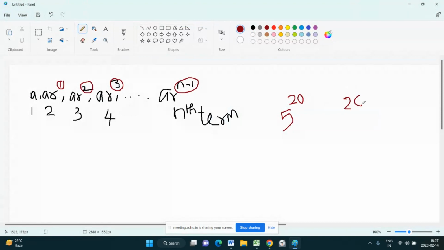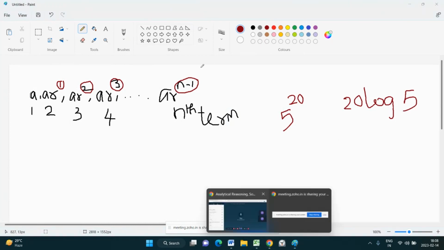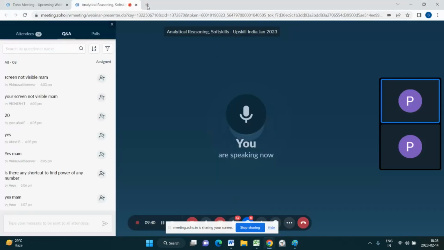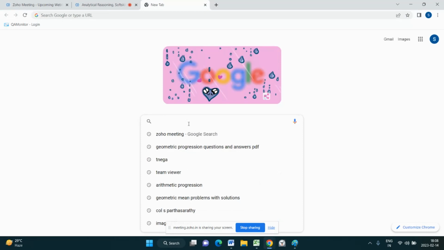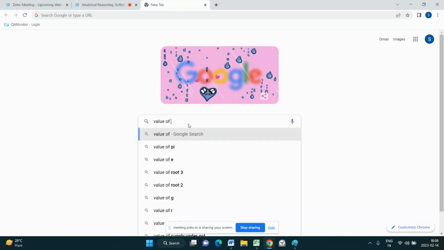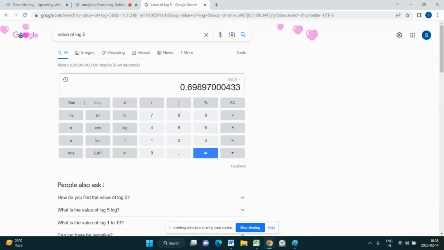20 log 5. You have to find out 20 log 5, then find the value of whatever it is. So 20 into log 5. What is the value of log 5? We can probably check in Google now, otherwise you have to use the log book. Value of log 5 is 0.6989.